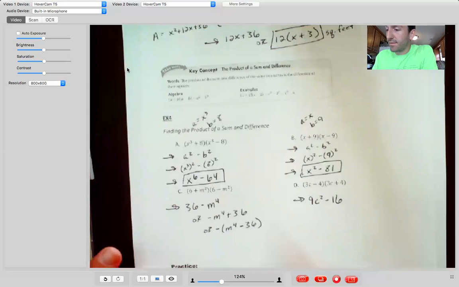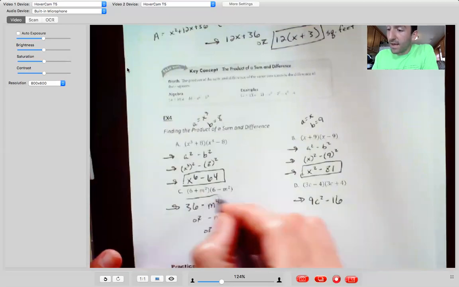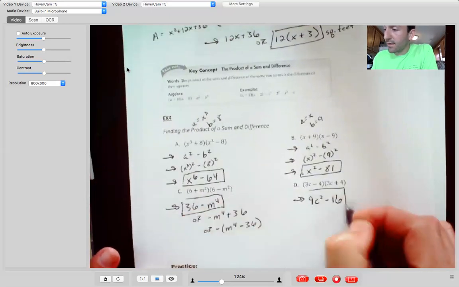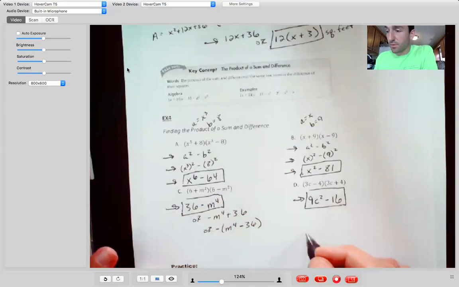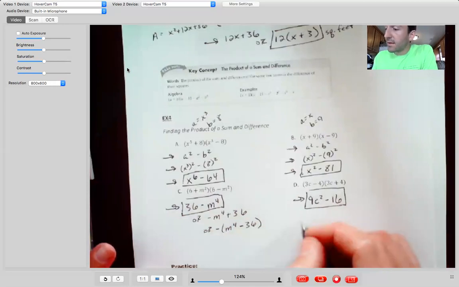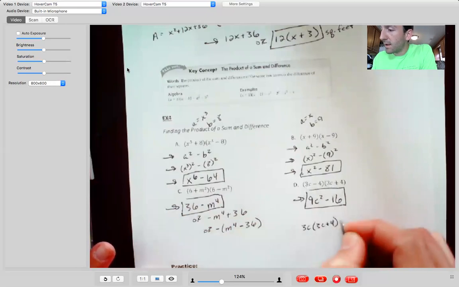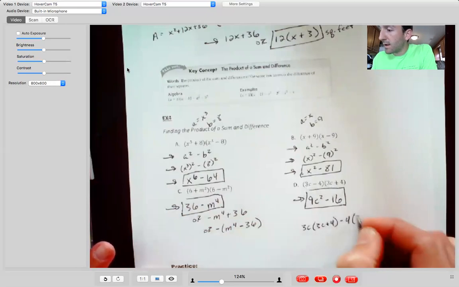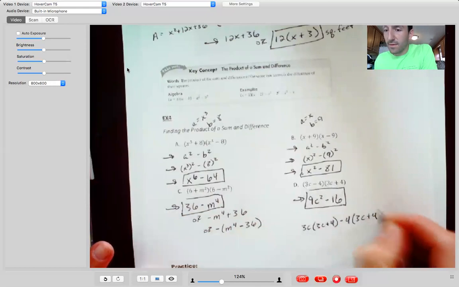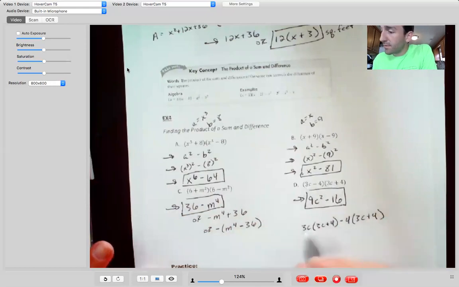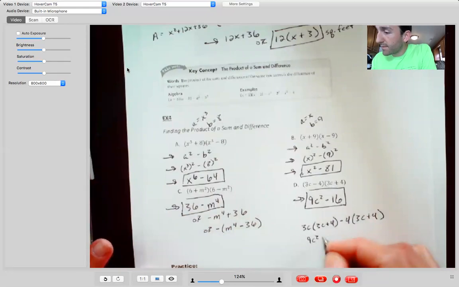All right, and then the closing thought would be, hey, we're on a test. I'm having a brain fart for whatever reason, and I don't remember the shortcut. So what do we do? Just multiply it out, and let's see what happens. So let's say we distribute on this one because we don't remember the shortcut. Let's see if we get the same thing. Distribute the 3c, we get 9c squared plus 12c.